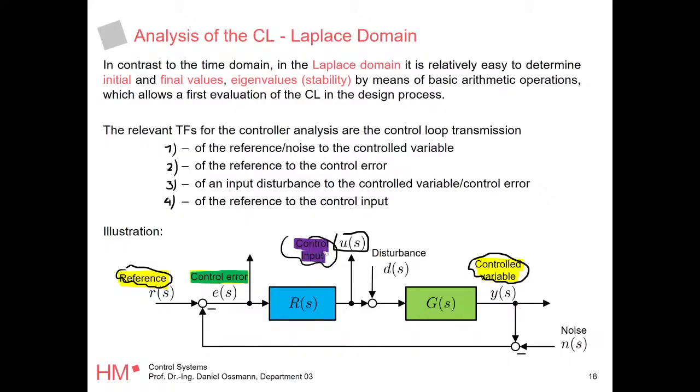So let's talk one more time about this disturbance here. What kind of thing is that? Well, a disturbance obviously most of the time acts at the input of your hardware, and you want to know, how does this disturbance influence my controlled variable?